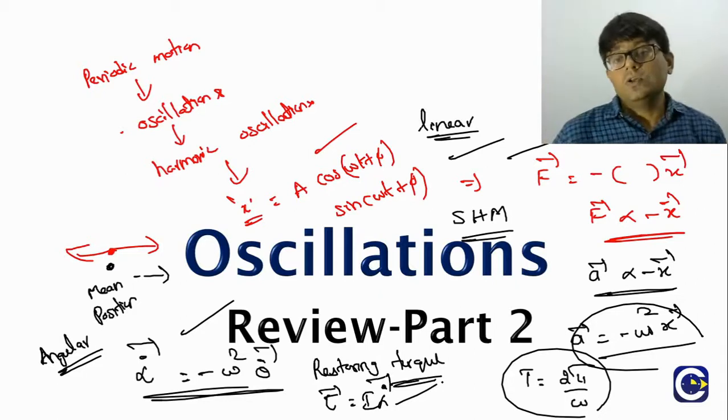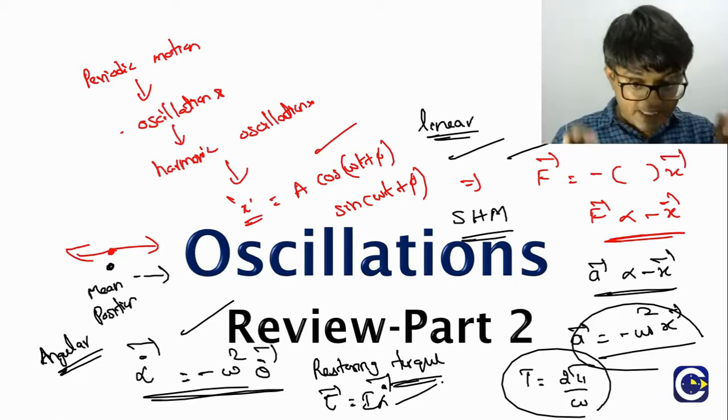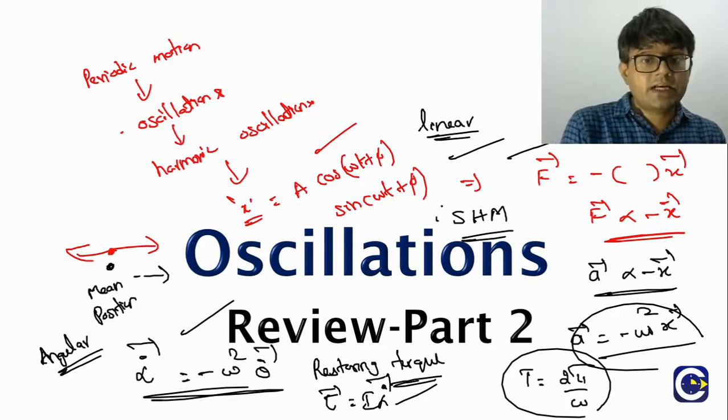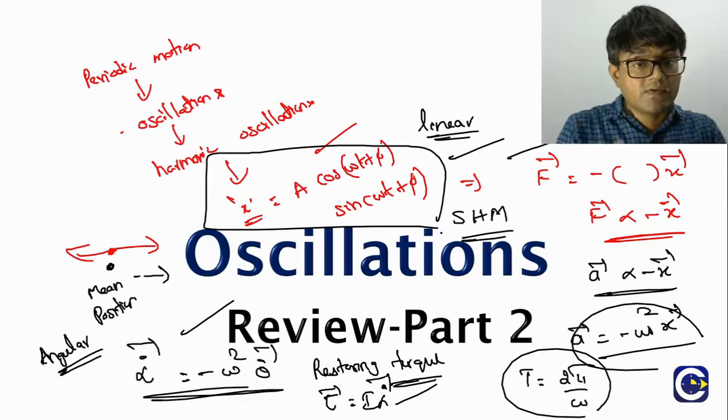In this video, we are going to look at specific examples of both linear SHM as well as angular SHM. First we will check how the motion satisfies the condition of SHM, meaning the equation that represents SHM.